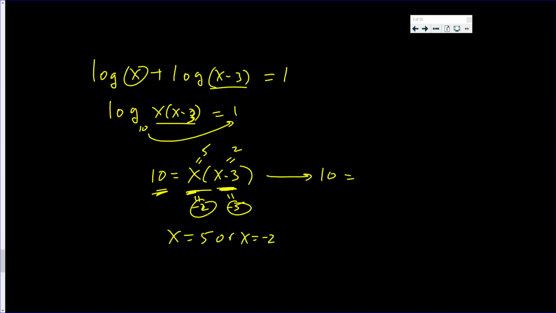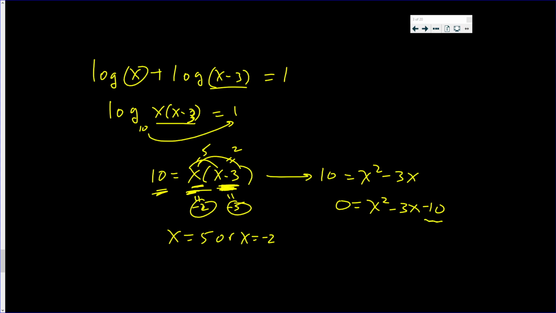Of course, you could FOIL out, and then you get x squared minus 3x minus 10 is 0. And I was looking for two numbers that multiplied out to 10 that differed by 3.